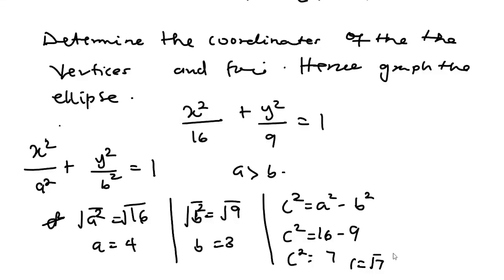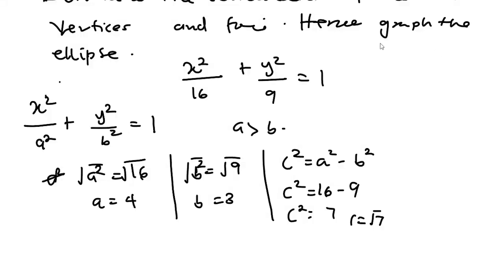Now we said that if it is a horizontal ellipse, and you can see clearly that this is a horizontal ellipse, in this case our vertices will be plus or minus a, 0. Then the co-vertex we have 0, plus or minus b.